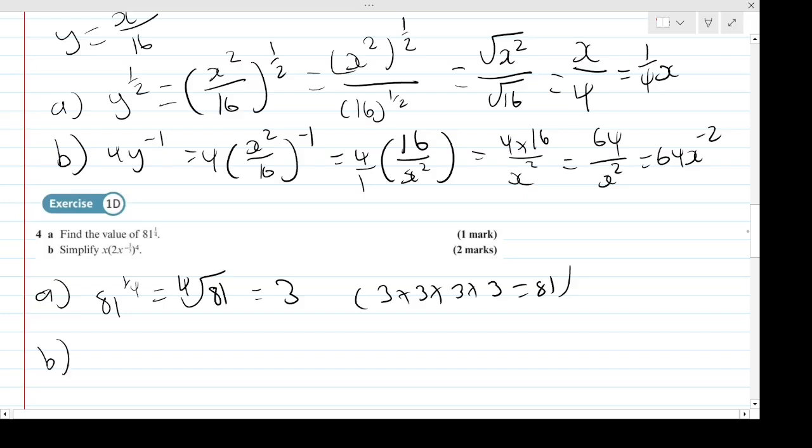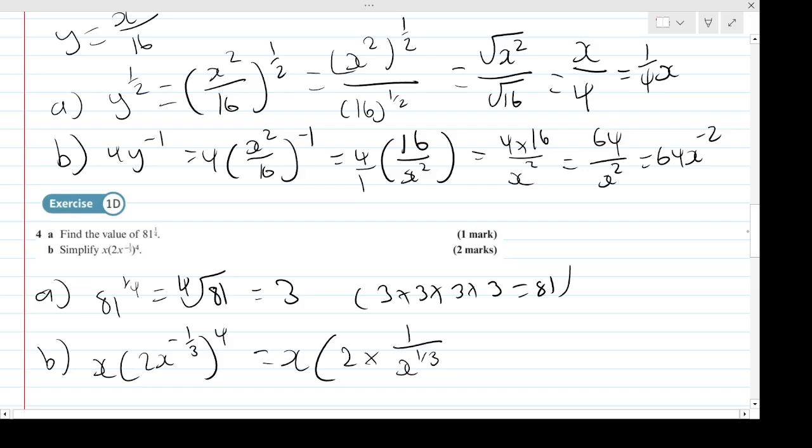And then part B, a bit of a nastier question. Simplify x times (2x to the minus 1/3) all to the power of 4. So we need to work with these indices. Again, that's x, then 2 times x to the minus 1/3. So x on its own has to take the reciprocal: the reciprocal of x to the minus a third would be 2 times 1 over x to the third.